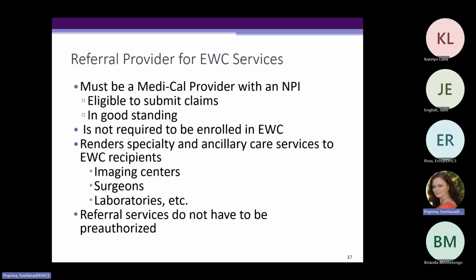Pretty much any medical provider that can do breast and cervical cancer screening or diagnostic services can be a referral provider. Usually, when we're talking about referral providers, most of the time these are imaging centers, surgeons, and labs. And when we're talking labs, we're mainly talking about pathology labs. Referral services do not need to have any pre-authorization.